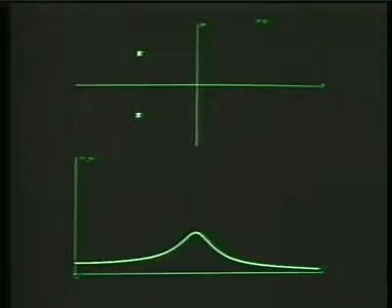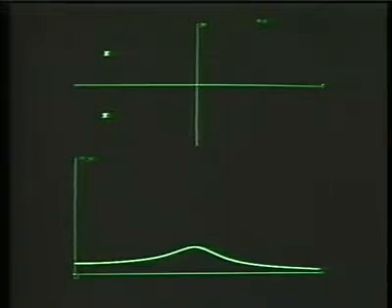And then if we continue to move the poles even further away from the j omega axis, the resonance will broaden even further and the amplitude of the peak will become even smaller. And finally, let's now just move the poles back to their original position, and we'll see the resonance narrow again and become higher.